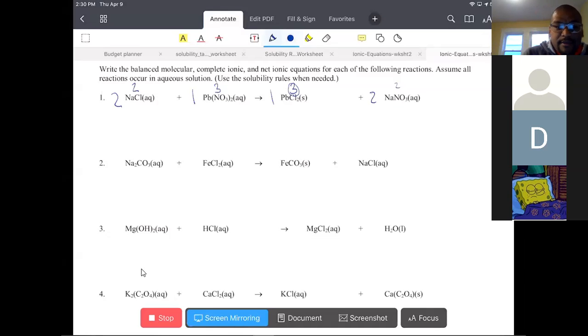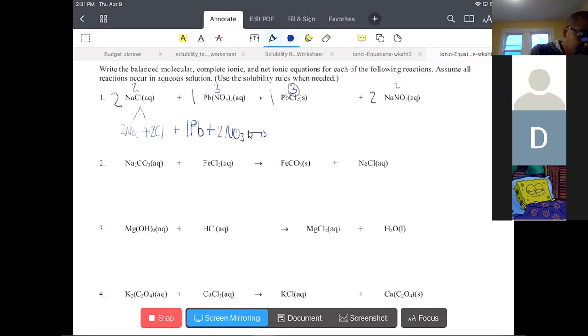Now I just have to break them down. I have 2 Nas. I have 2 chlorines. Plus, I have 1 lead plus 2 NO3s. Like I said, you have to make sure that you keep track of those 2s and bring them out front.